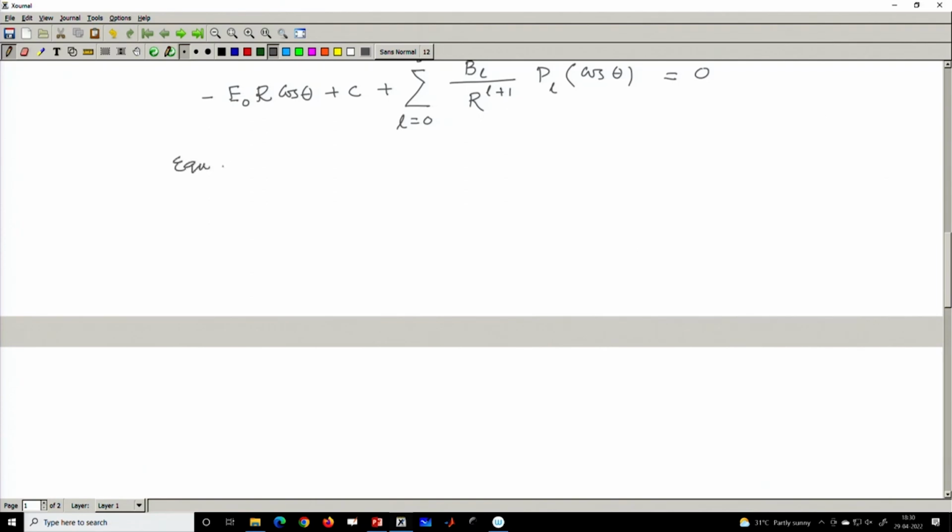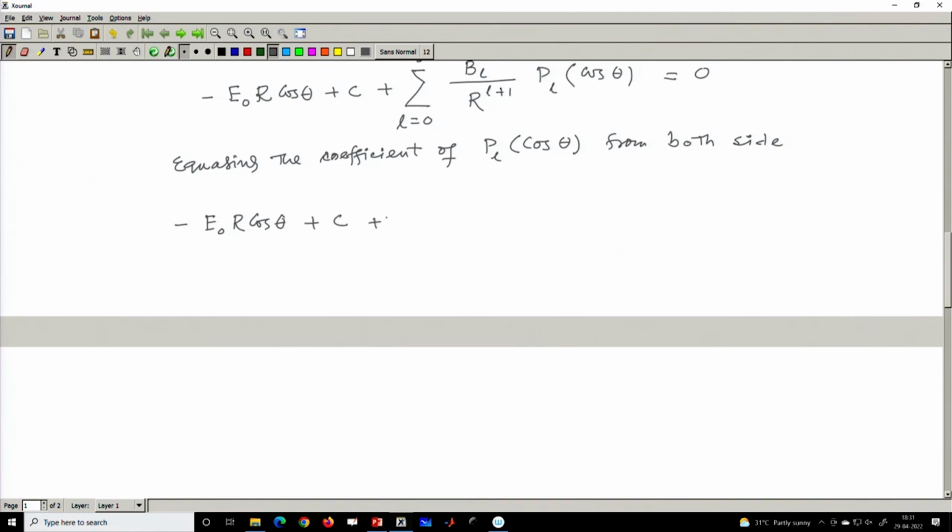So, equating the coefficient of P L cos theta from both the sides, we have, so left hand side what we have, minus E 0 r cos theta, then C as usual, then I have, let us expand few terms.